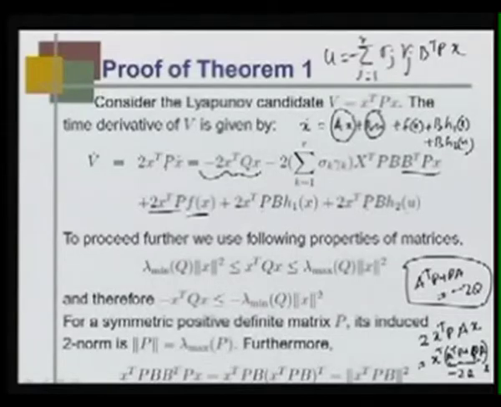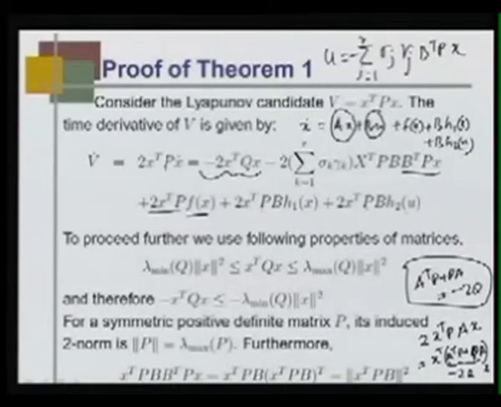Therefore, minus x transpose q x is less than or equal to minus lambda min q x norm square. For a symmetric positive definite matrix P, its induced 2 norm is lambda max P.